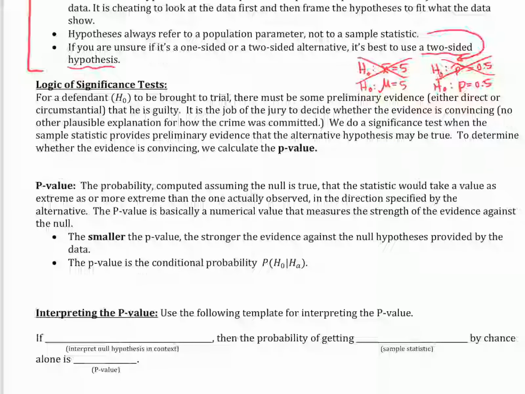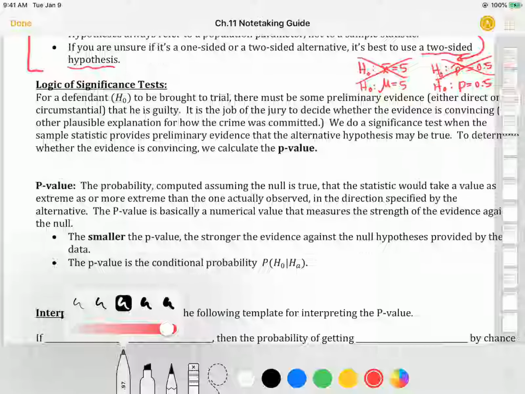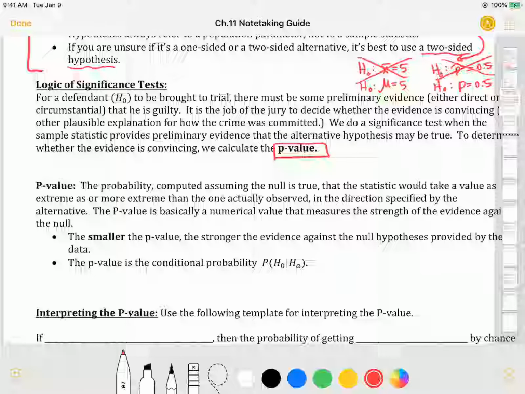Okay, so in statistics, we're going to use this concept of a p-value. This p-value is going to be our evidence for or against this claim. It's an interesting analogy to use, but that's essentially what we're doing with this inference process.